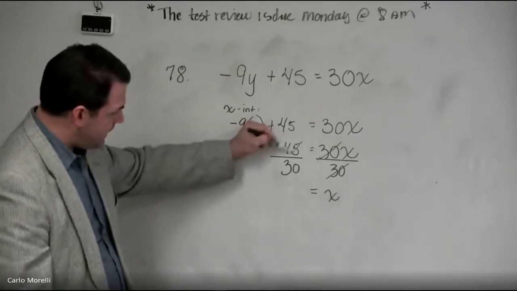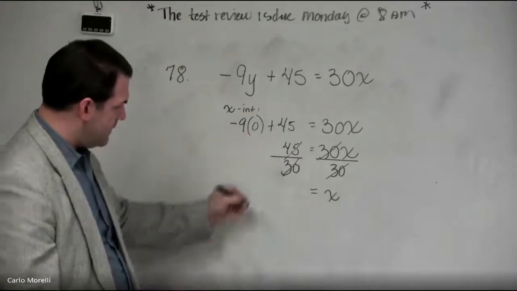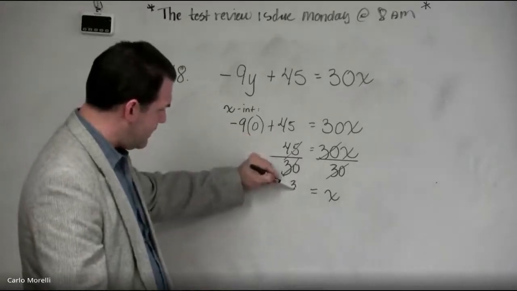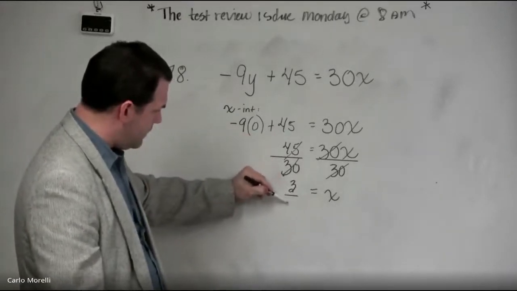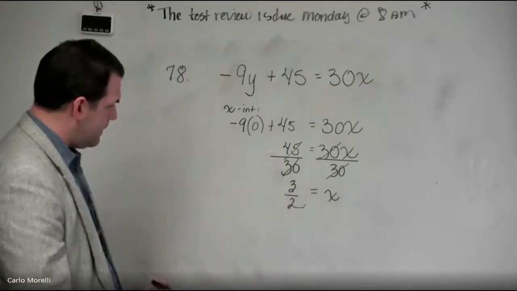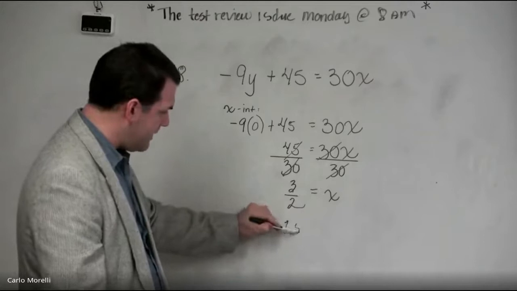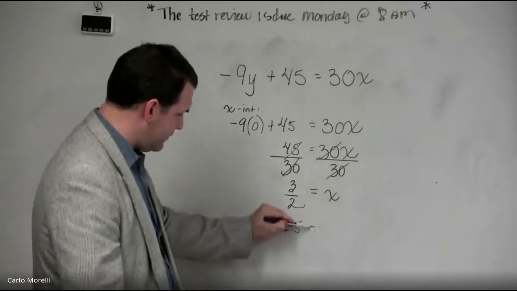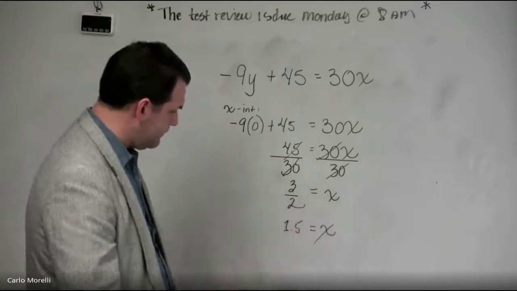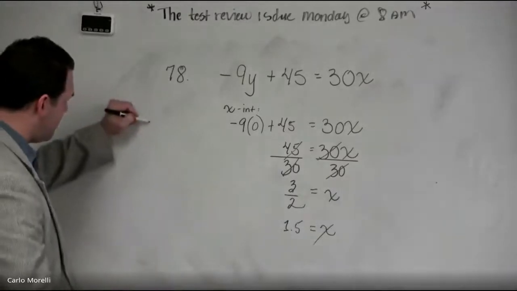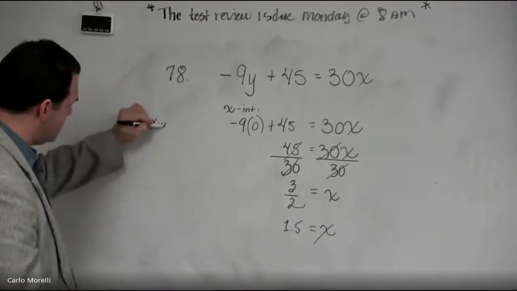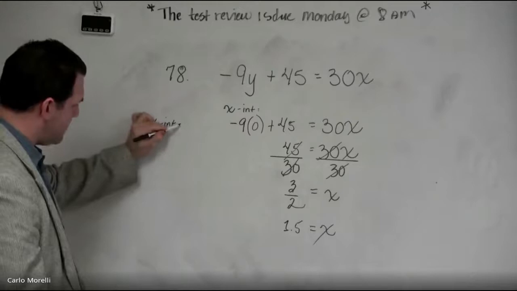If I divide both of these by 15, I'll have 3 over 2. So x is at 1.5. Okay, so it's halfway between 1 and 2. So my x-intercept is going to be 1.5.